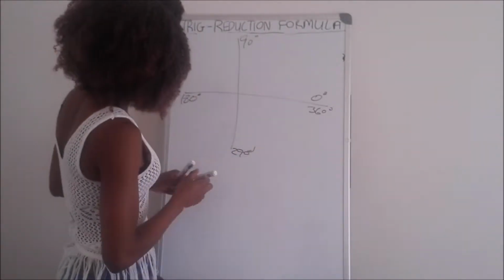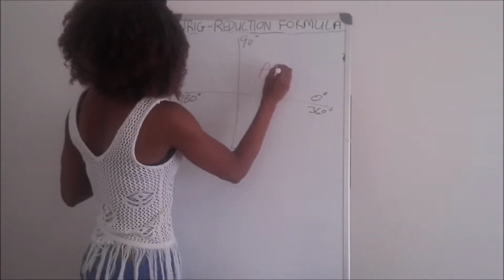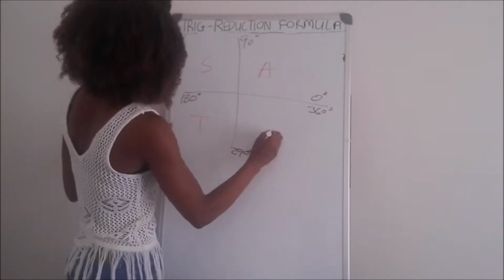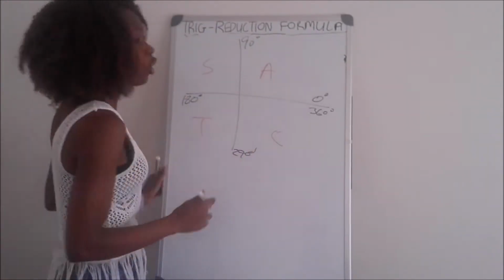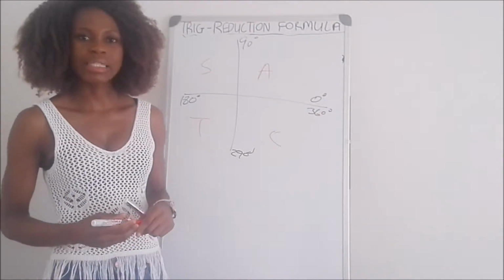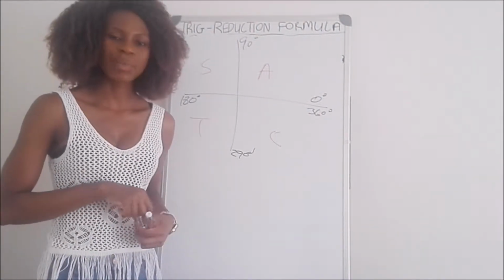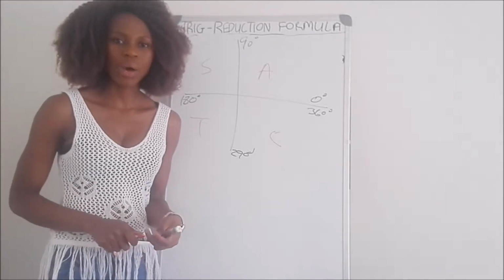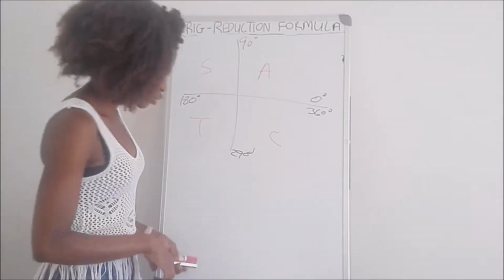And this one is All Students Take, of which in the first quadrant all trigonometric ratios are positive, in the second one sine is positive, in the third one tan is positive, and lastly in the fourth one only cos is positive.